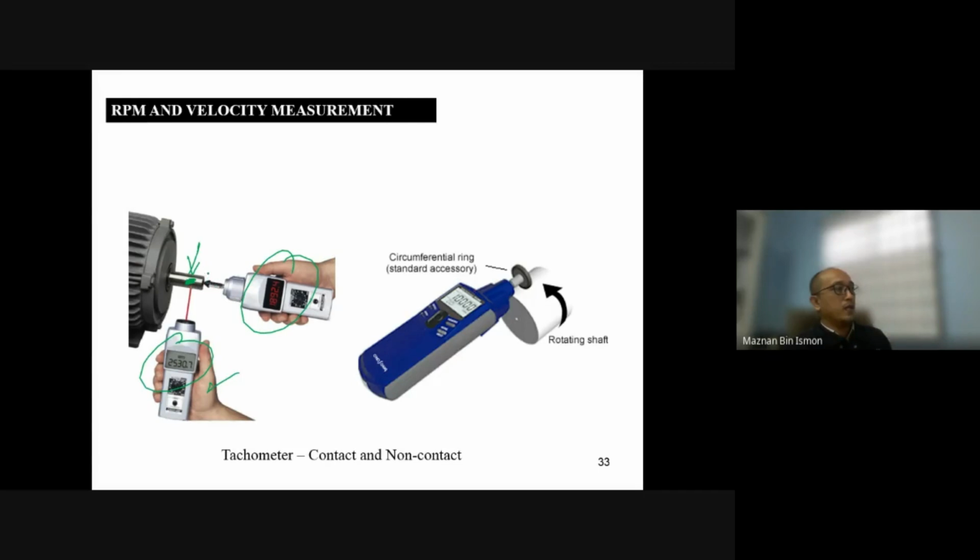So you can put it at the shaft over here, and it will measure the RPM and so on. Whereas this is the wheel type, basically the same as this one, but its application is for surfaces, and it can convert to RPM. So this is the instrument or device to measure velocity and RPM.